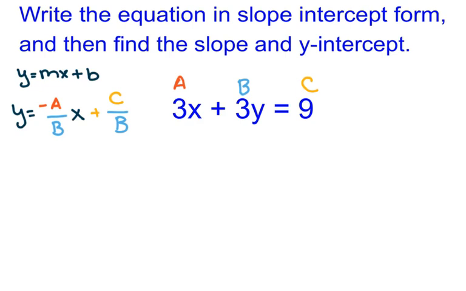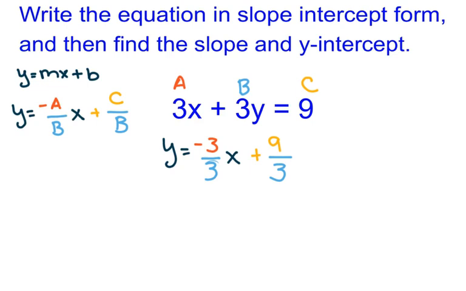And then I would just rewrite it so it's in that formula. So y equals negative 3 over b x plus 9 over 3. Oh, I wrote a b, but that should have been 3. Okay, so you can see how we change that around.